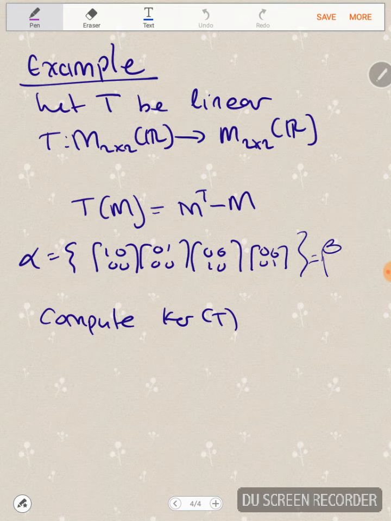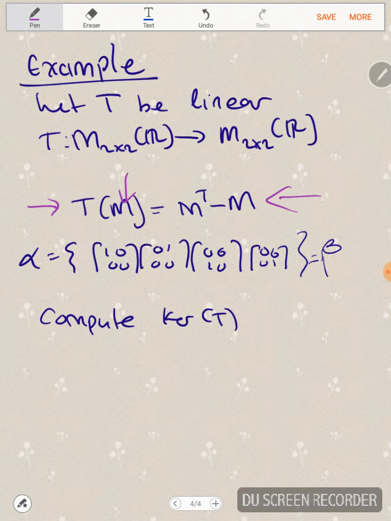So we're going to let T be a linear map from a 2x2 matrix to another 2x2 matrix, and T is defined by: you plug in a matrix, and what you get is a matrix, the transpose of the matrix subtract the matrix itself.